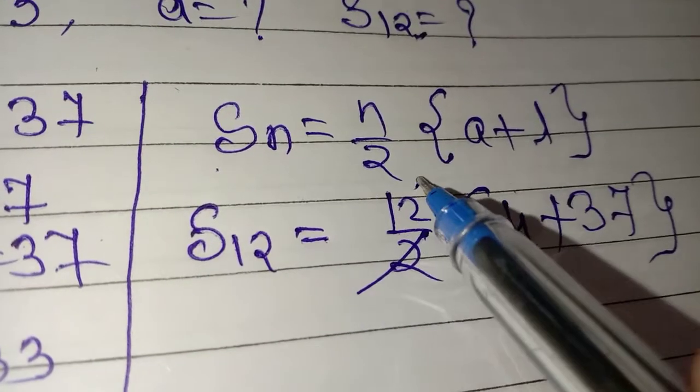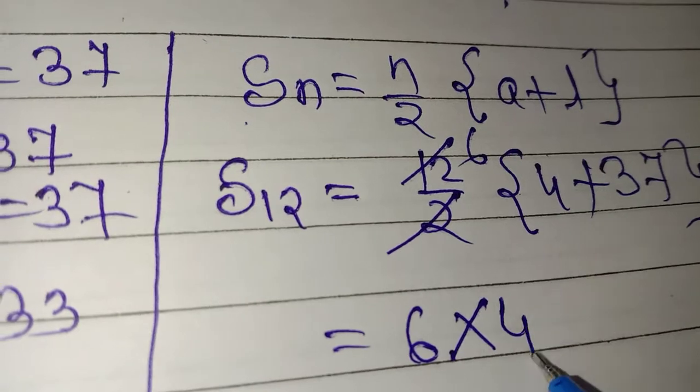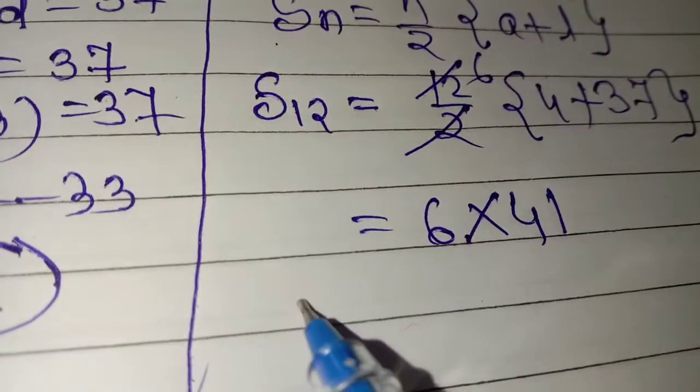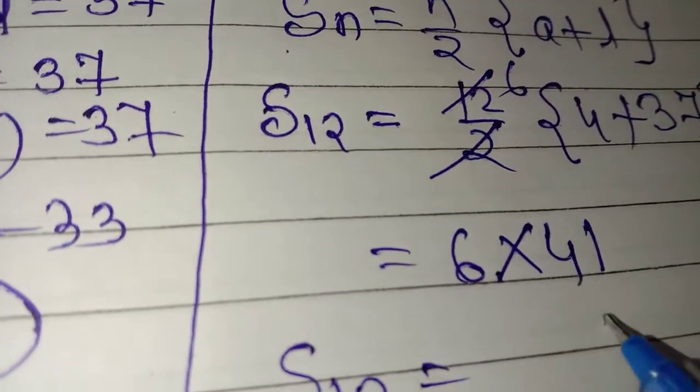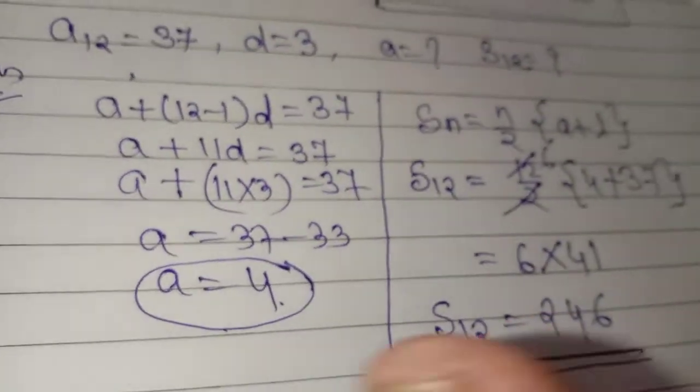Consider 2 sixes are 12, so 6 into 41, and when you multiply this, what you will get? S12 is equal to 246. Clear? See how simply I am doing.